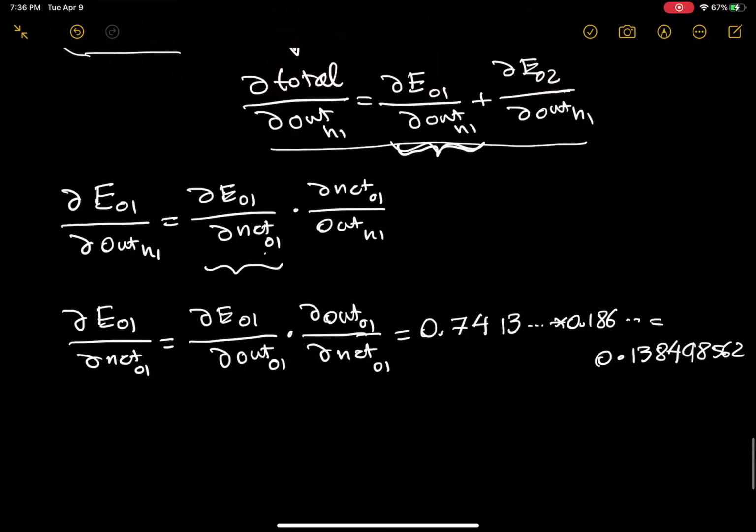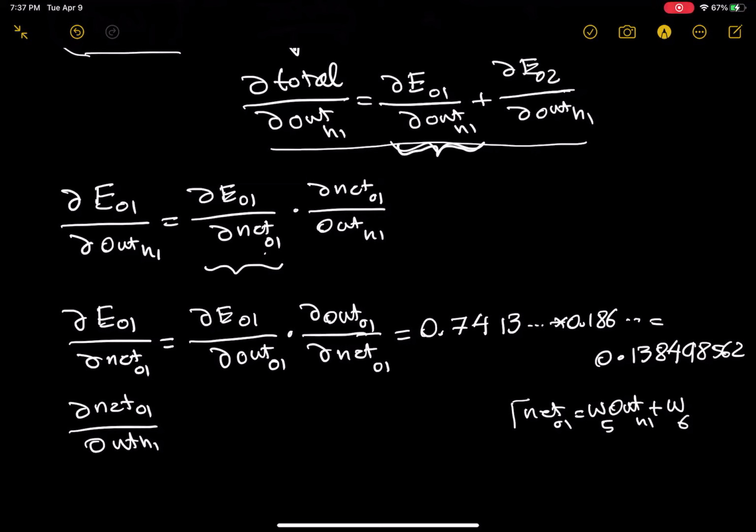The net of O1 with respect to out of H1 is easy. We know that net of O1 is equal to W5 times out of H1 plus W6 times out of H2, plus B2. So it's pretty trivial here.